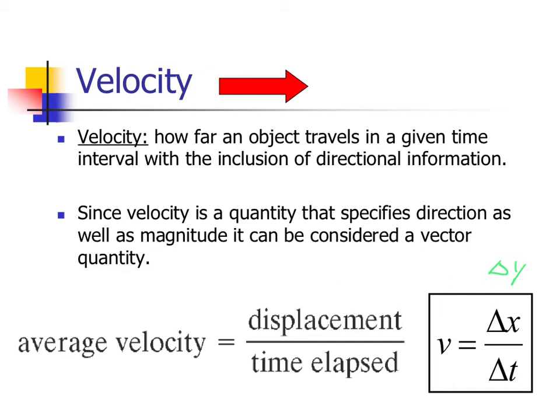Now, sometimes you'll even see the velocity equation written out this way, where it's more linear. Distance is equal to velocity times time. Where you could also write it as y, but sometimes it's even written out as that.